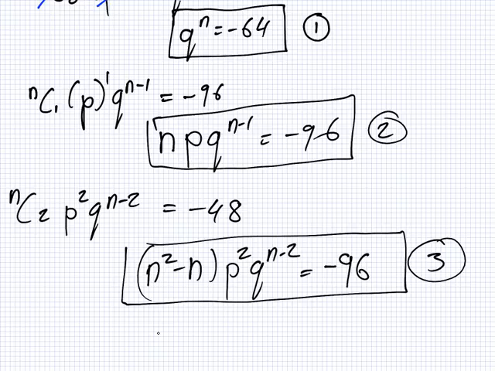Okay, try this one. Find p, q and n. See what you can come up with. Do it the same way, except just use n instead of the last power, 5.